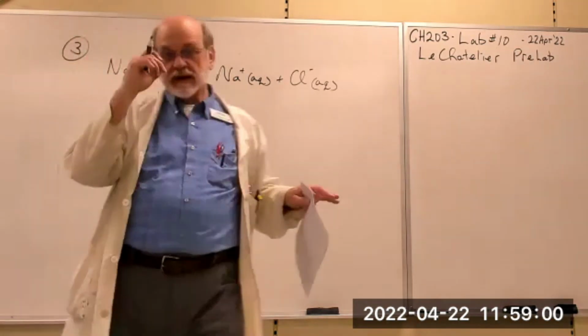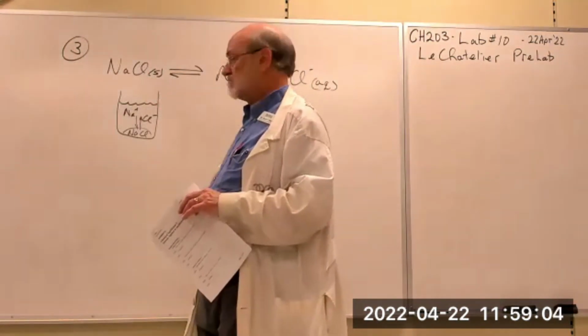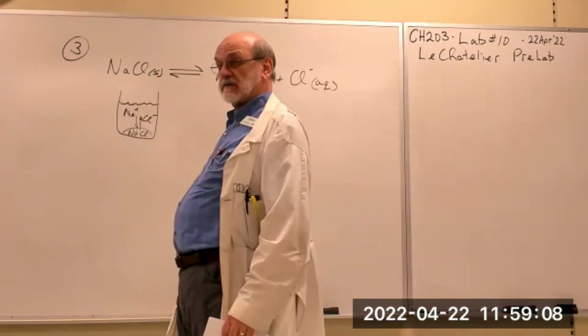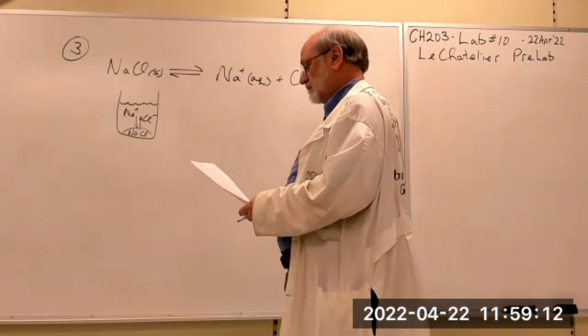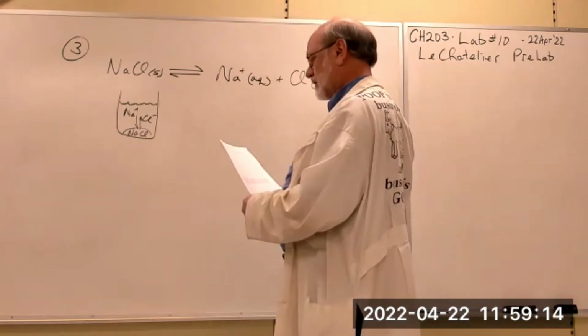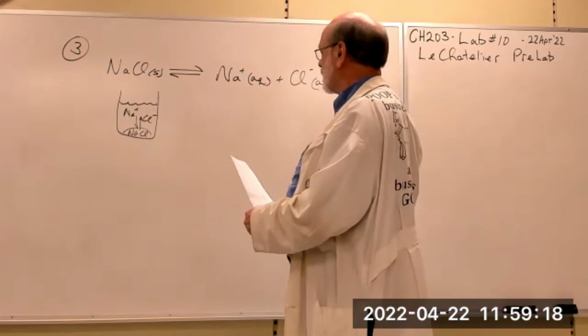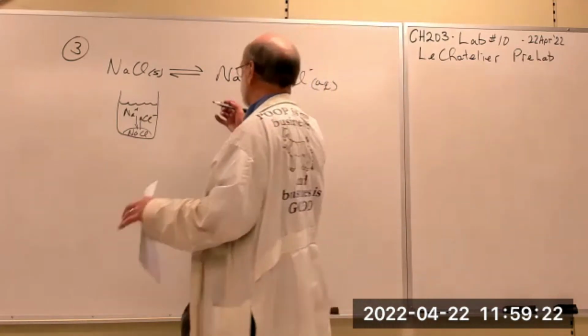So what happens if we add more sodium chloride to the solution? Nothing. It's already at saturation. So why is it representing an equilibrium system? Equilibrium is always based upon rates.